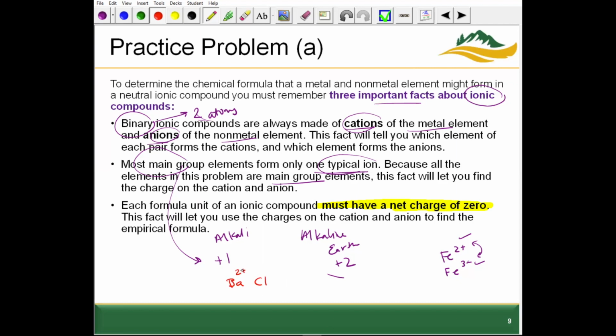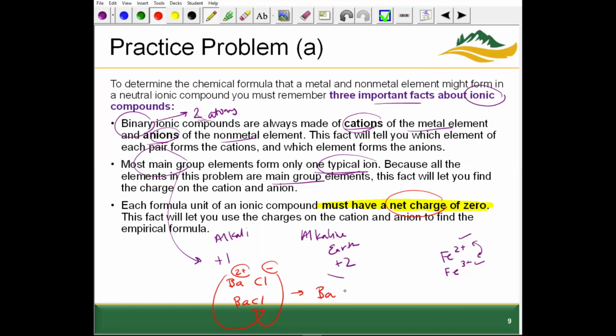Barium is an alkaline earth metal. It will form +2 ions. Chlorine is a halogen. It will form -1 ions. If the net charge has to be neutral, we take this 1, we bring it down here for barium. We take this 2, we bring it down here for chlorine.